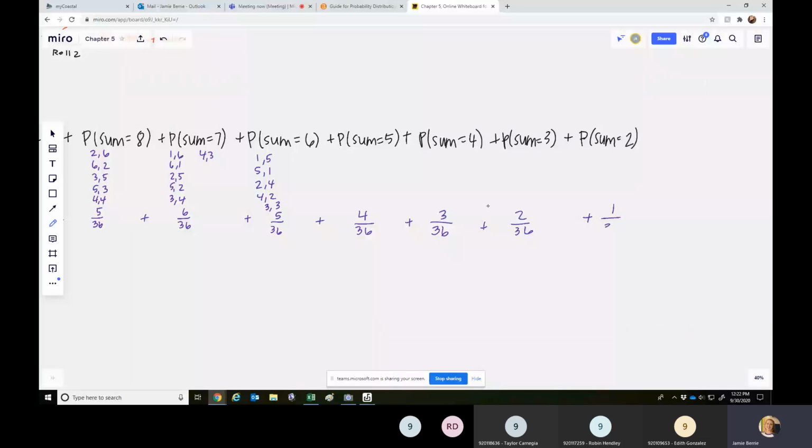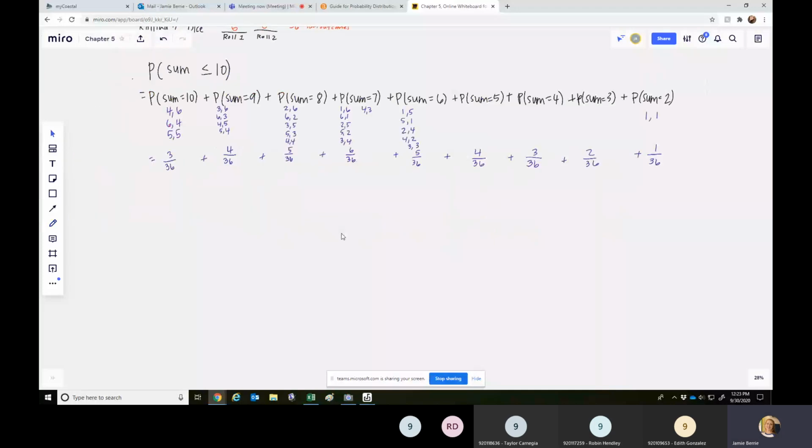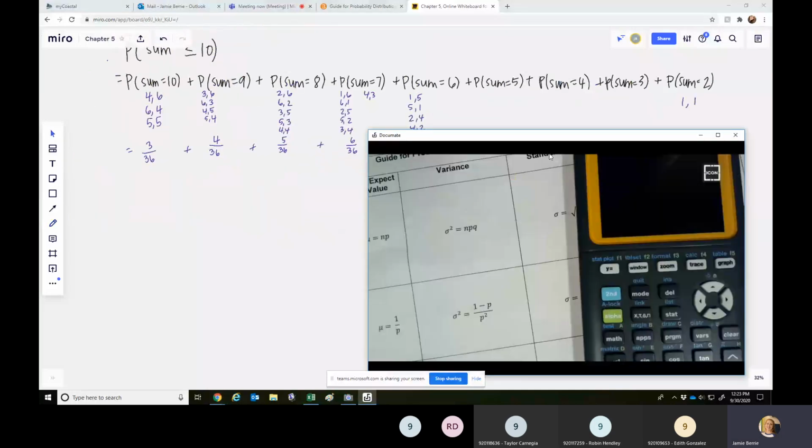And again, this makes sense, right? Because the only way you could roll a sum of 2 is to roll a 1 and a 1. All right, so now we have to add all of these up. So let's see. Let me get my calculator.